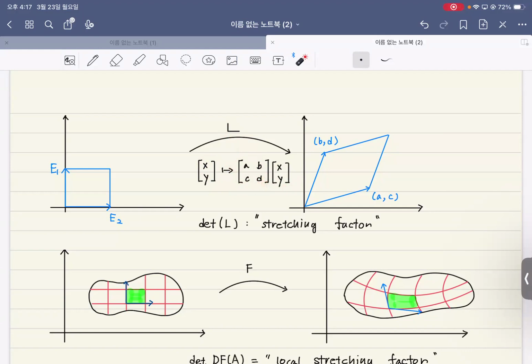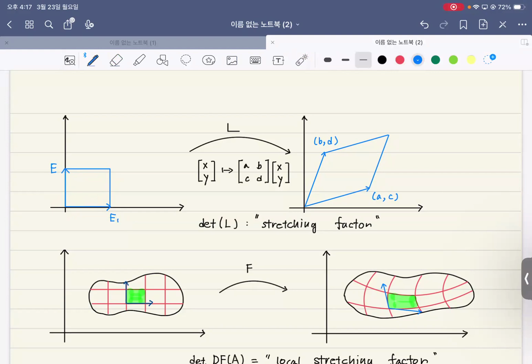The geometric meaning is this. Suppose that you have a unit square in your domain. Then what do you think is the image of this unit square? The image of this unit square is this parallelogram, right? Sorry, I messed up.